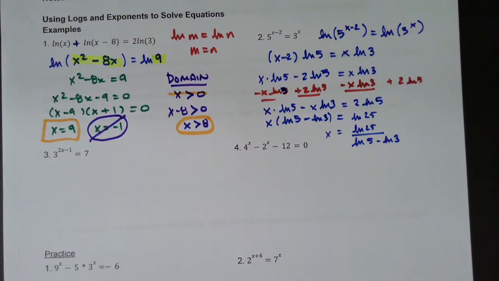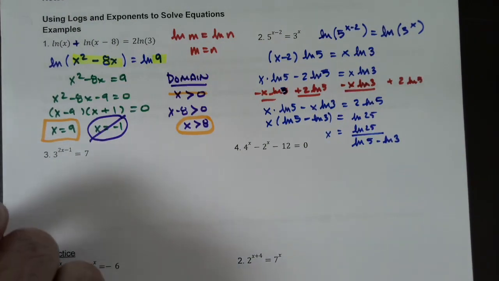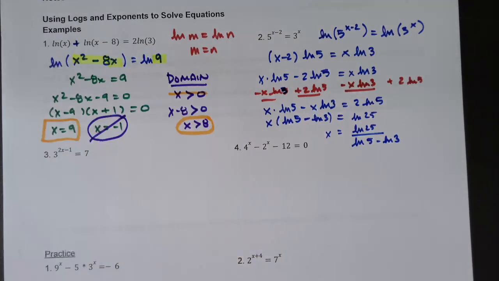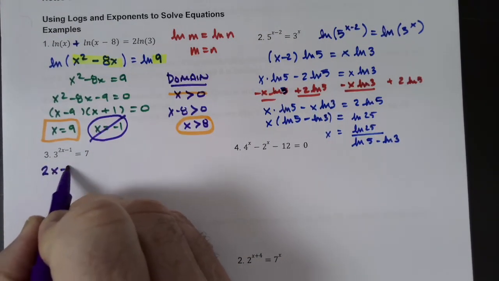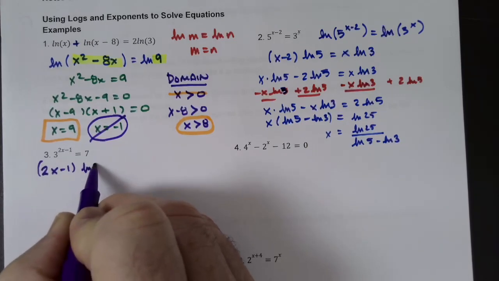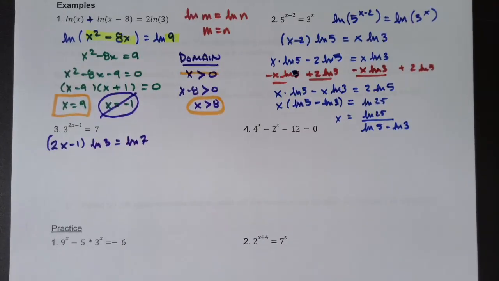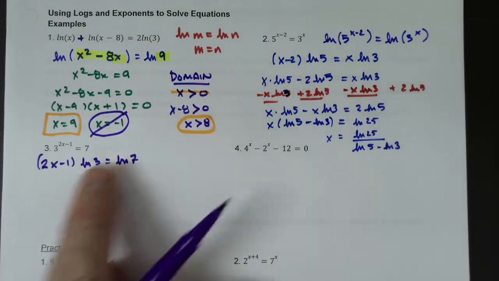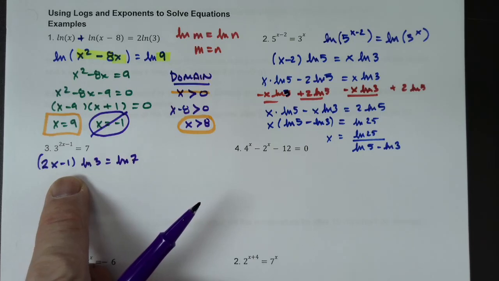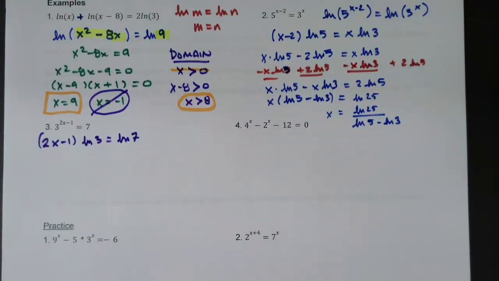Next one, same dilemma. Trying to get like bases won't work. So we're going to have to do the natural log, which means 2x minus 1 times the natural log of 3 will equal the natural log of 7. And you can see this time I kind of skipped this step here because I know why I'm taking the natural log of both sides: to get this 2x minus 1 as the coefficient.